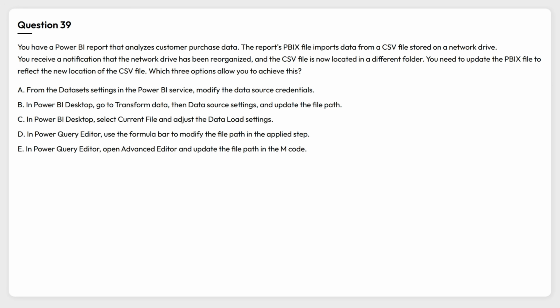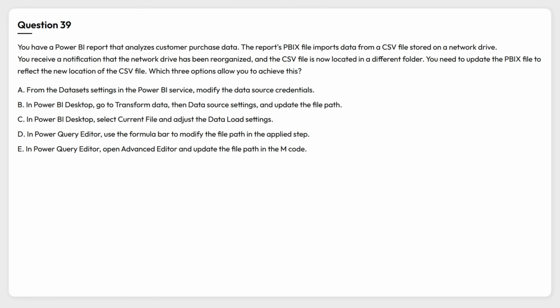Option A, from the dataset settings in the Power BI service, modify the data source credentials. Option B, in Power BI Desktop, go to Transform Data, then Data Source Settings and update the file path.